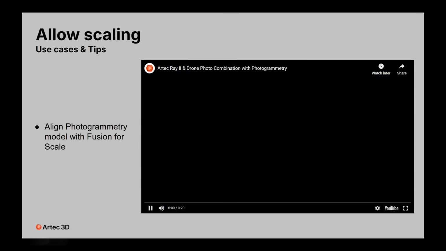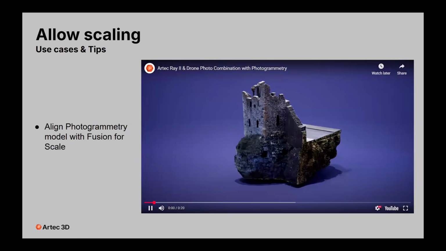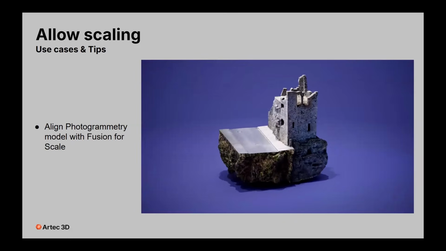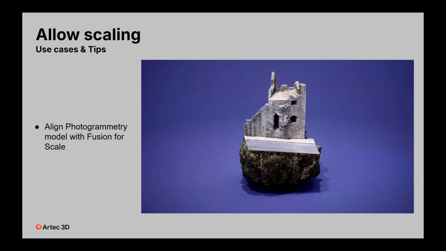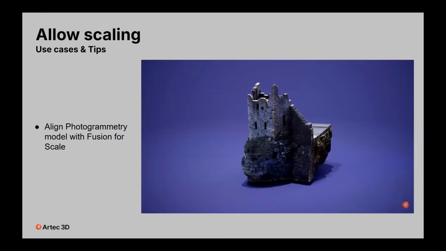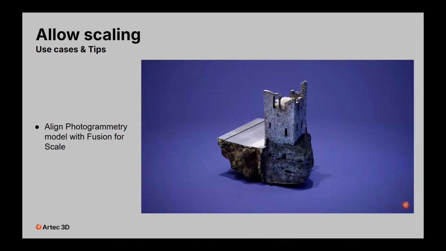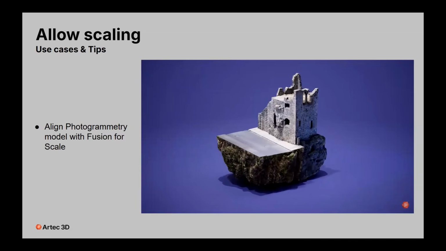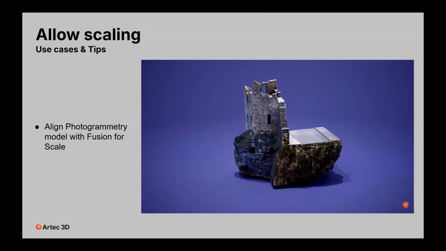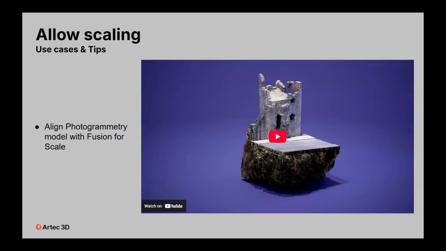Now let's take a look at this slide. One more application of this option is to align an Artec Studio photogrammetry model with the Fusion for scale. Here is an example of a tower which has been scanned with a combination of Artec Ray and drone data.